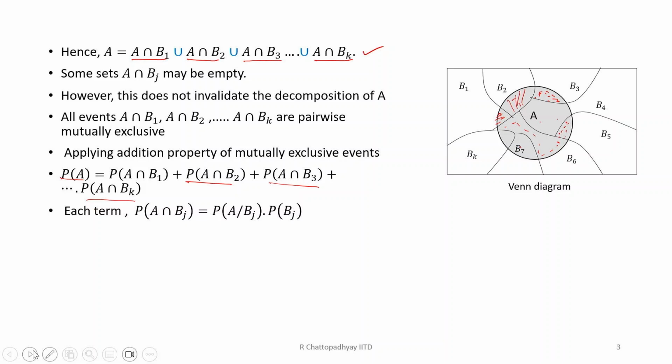Each term P(A intersection Bj) can be written as P(A given Bj) into P(Bj). This is coming from the theorem of conditional probability, which we have discussed earlier.